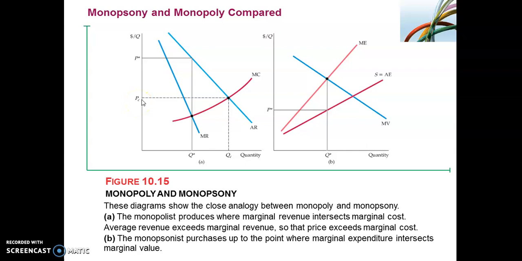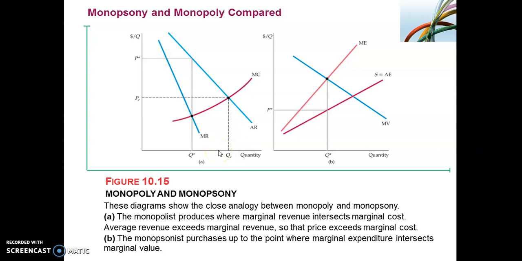And if we compare the output, the monopolist's output is Q star, whereas the output under competitive market conditions would be QC. So here you find that price is lower under competitive market conditions and output is greater for the competitive market.